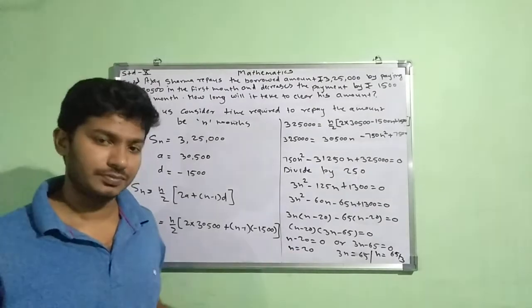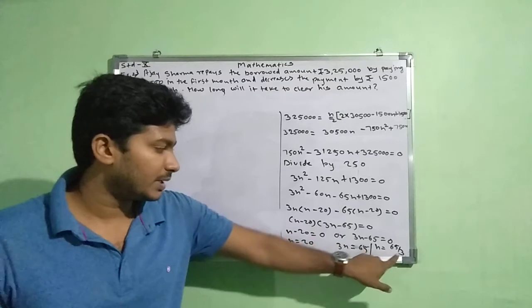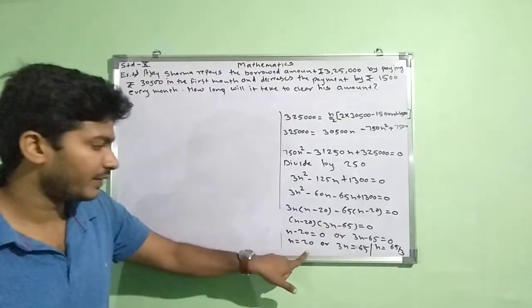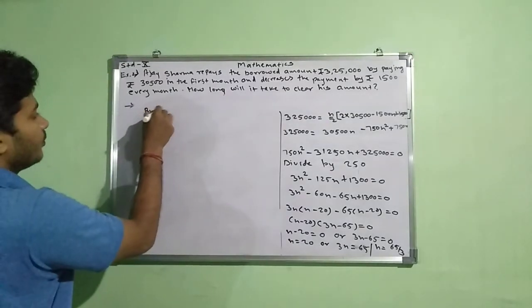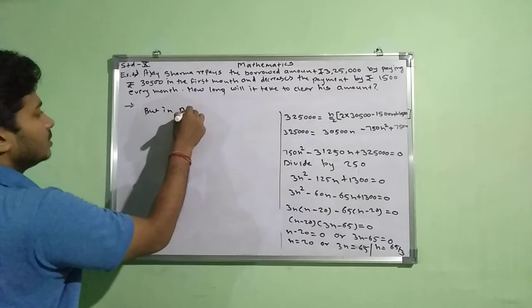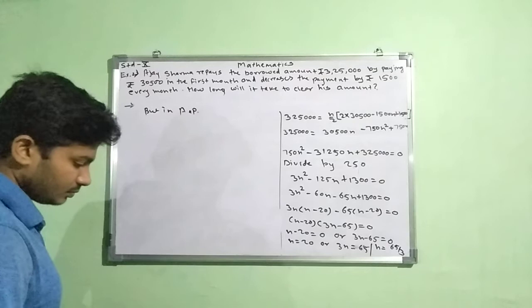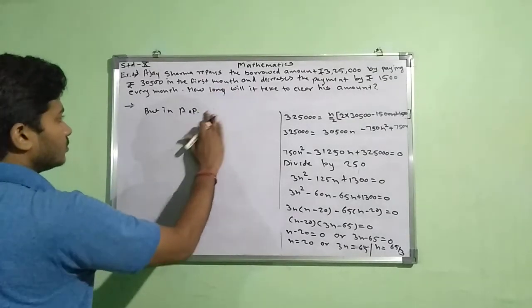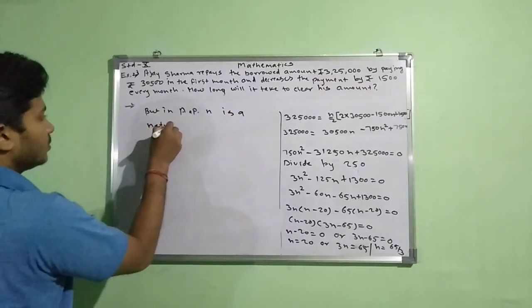So here we got two values, n is equal to 65 by 3 and n is equal to 20. But in an arithmetic progression, n is a natural number.